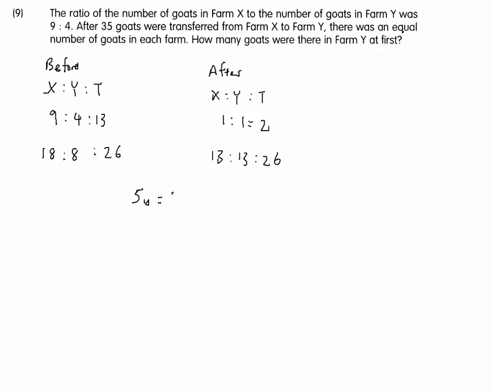So 1 unit equals how much? So what am I looking for? How many goats were there in farm Y at first? So how many units were there in farm Y at first? 8 units. So what's my answer? $56. Next question.